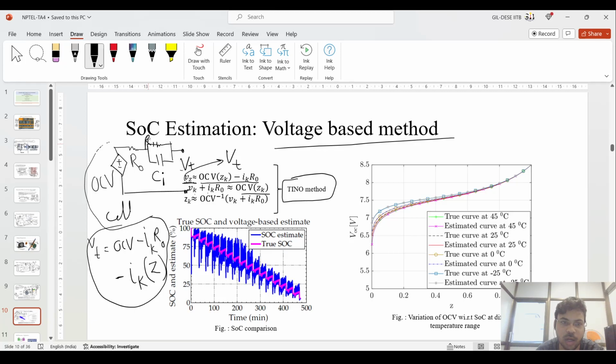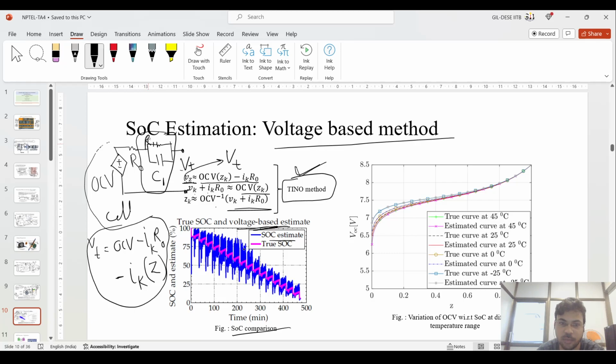If you approximate, V_k plus I_k R0 is nearly equal to OCV(z_k), because we have neglected the parallel RC term. So how do you calculate z_k? z_k is the OCV inverse of V_k plus I_k R0. That is basically the method. Here I have also given the SOC comparison.